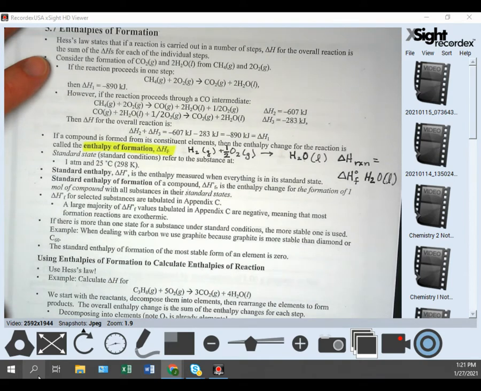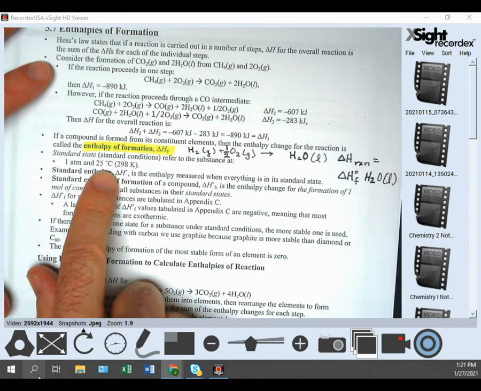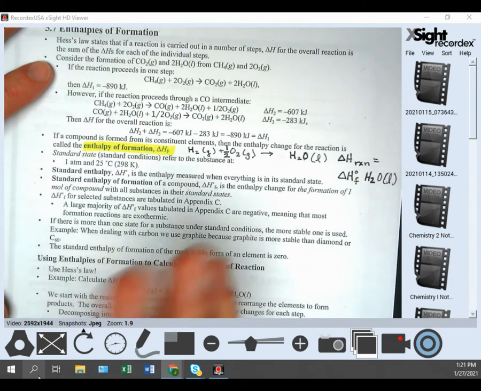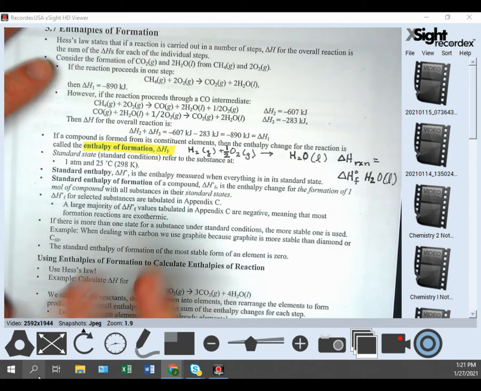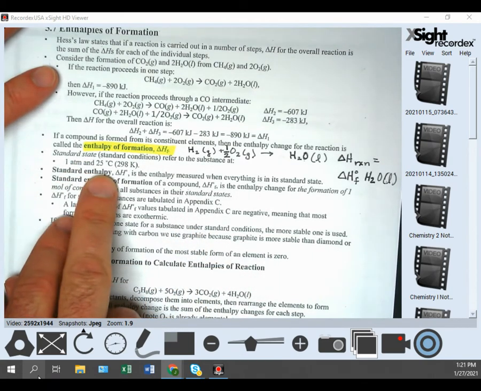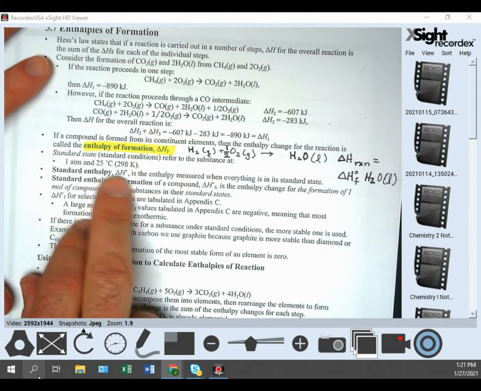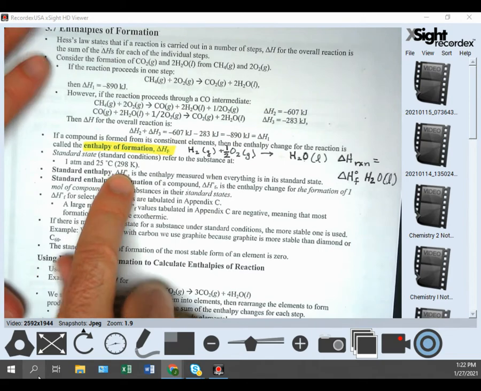STP is standard temperature and pressure. These are just standard conditions: pressure at or near sea level, and 25 degrees Celsius is a typical room temperature. Those are standard conditions.